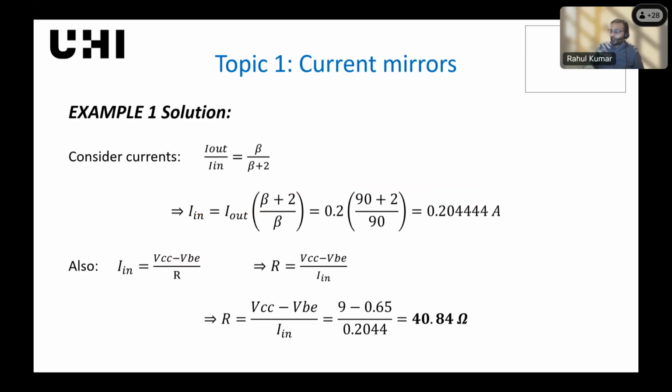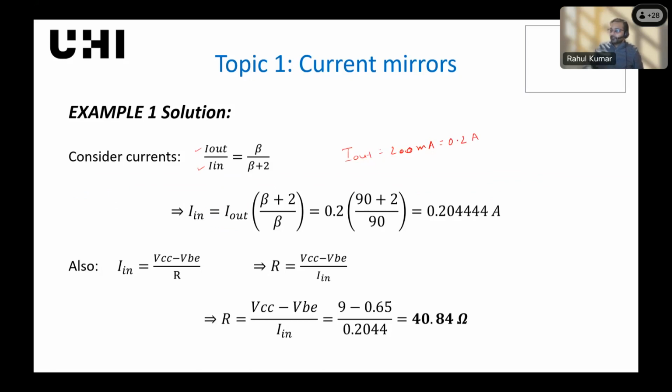So the first formula which we have seen is I out divided by I in is equal to beta divided by beta plus 2. Now the output current, I out, is 200 milliamp, so it will be 0.2 amps.